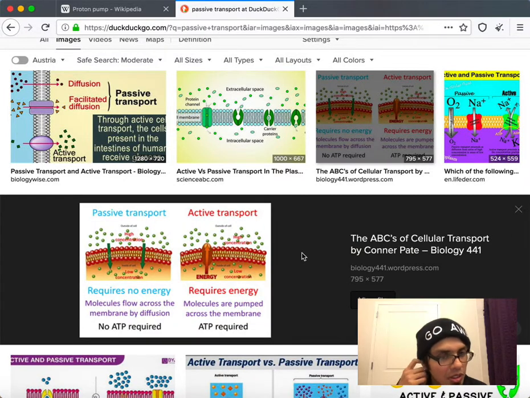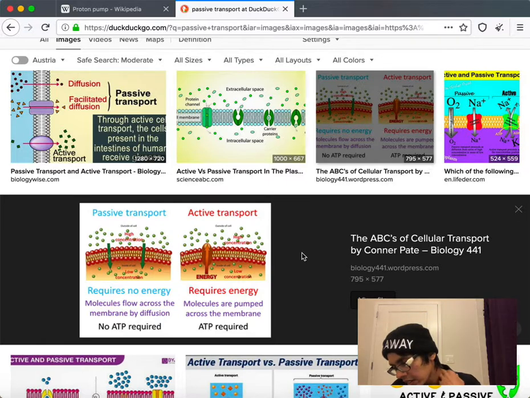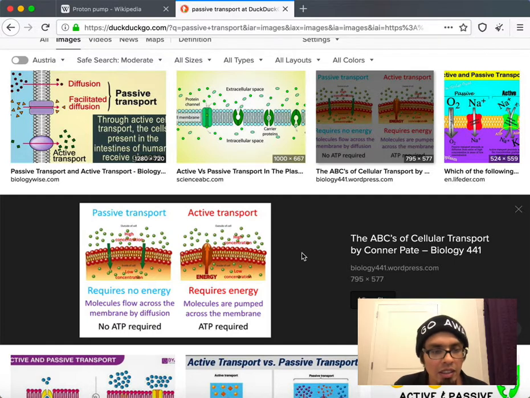Passive transport also works in the opposite direction, right? If there's a lot of things outside of a cell, they'll want to go inside of a cell, okay? That's the natural concentration gradient or chemical gradient that exists within a cell. Passive transport, again, requires no energy, no ATP. It will just happen, right?